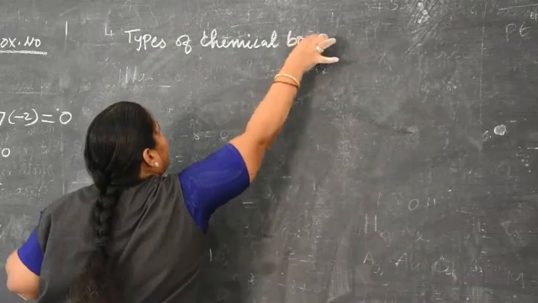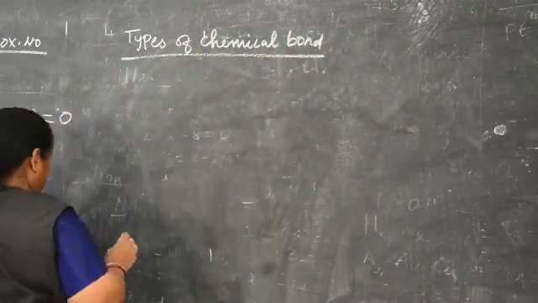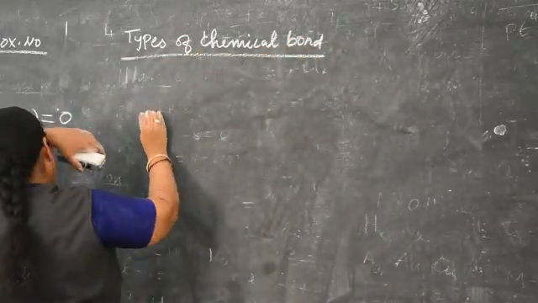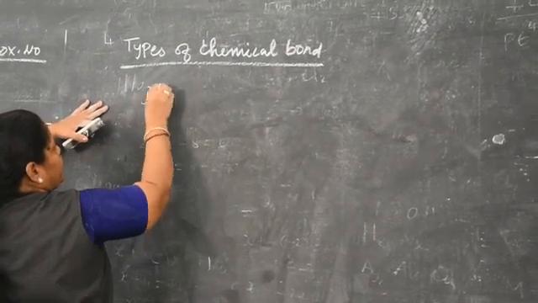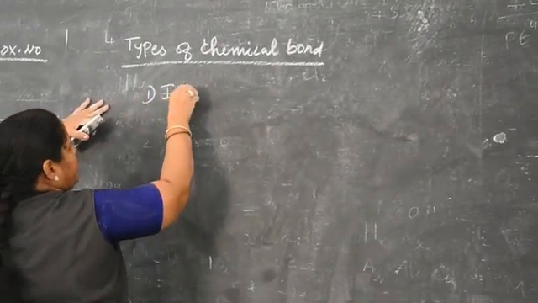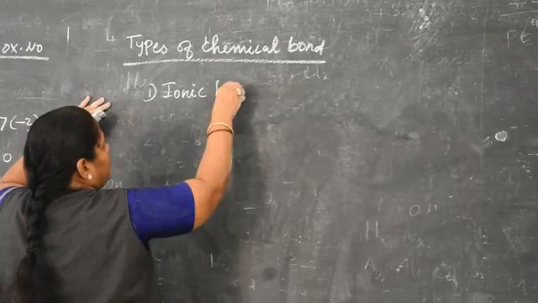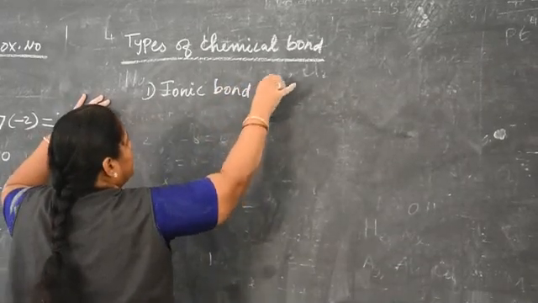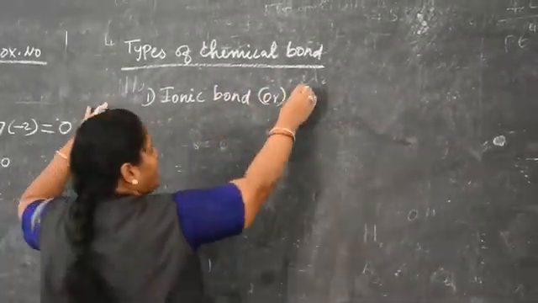There are three types of chemical bond. The first one is the ionic bond, or this is called the electrovalent bond.